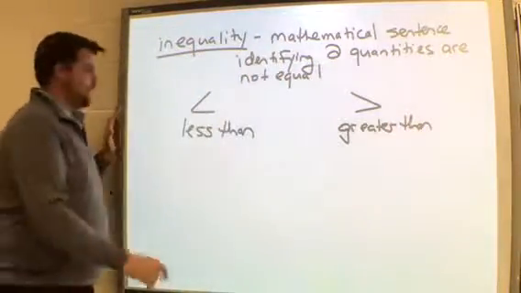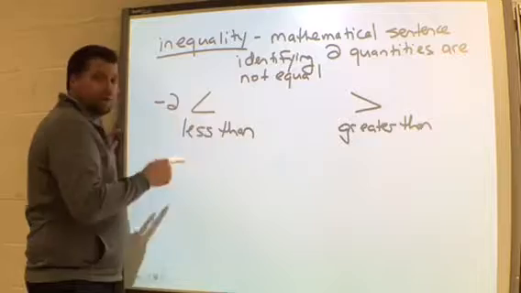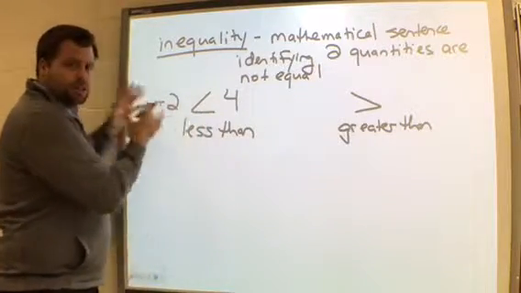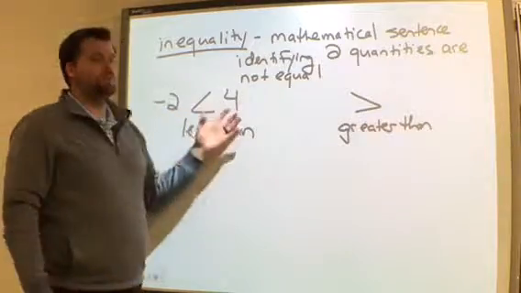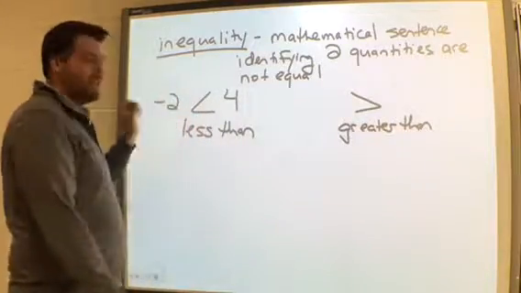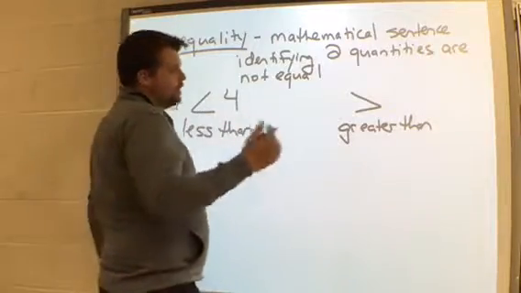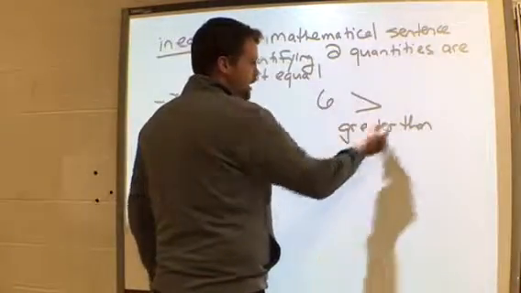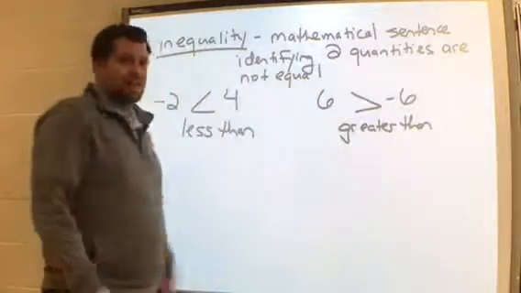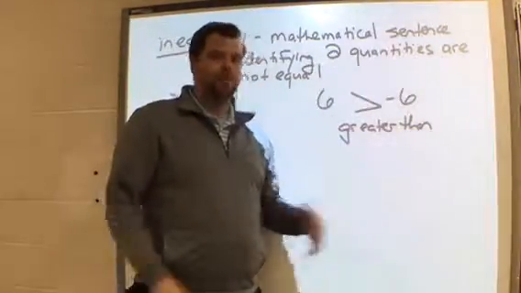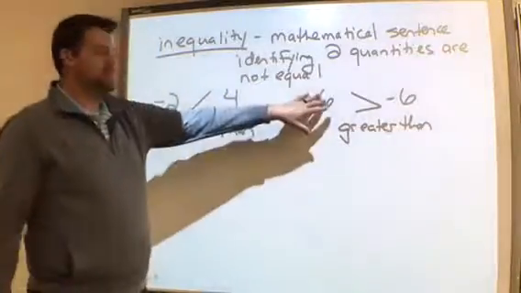So to fully understand it, we'll say -2 is less than 4. -2 being a smaller negative number, 4 being a positive number. The negative number is obviously less than that. Okay? Greater than. 6 is greater than -6. 6 being positive value, -6 being negative value, smaller. This one is greater.